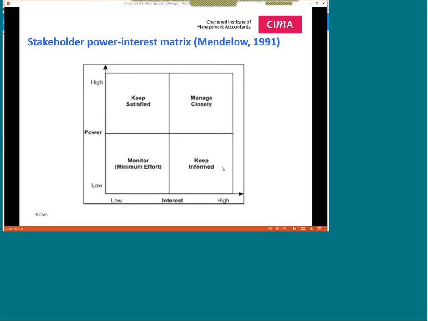Let's say you have a surgery and you have a highly skilled, I don't know, heart surgeon. In that case, he would be in this particular field because he has high power if he's the only one, let's say in Australia, who can do a particular heart surgery. But he also has high interest in your business because he is one of the main surgeons there. So in that case, he would be in managed closely as a specialist in some field.